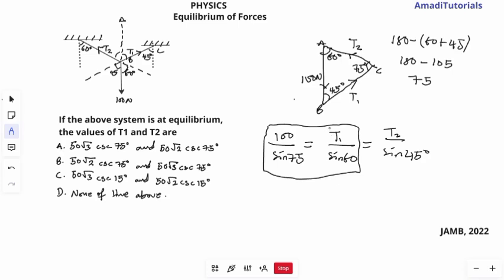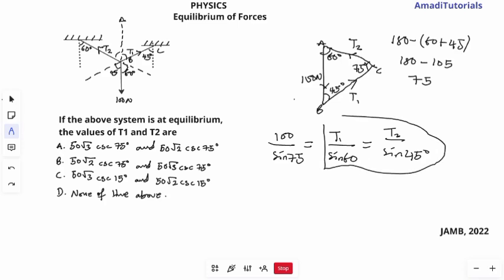When I'm done, I'll then pick this other one and combine it with this one to get T2. So that's how we do this. Let me solve for T1.